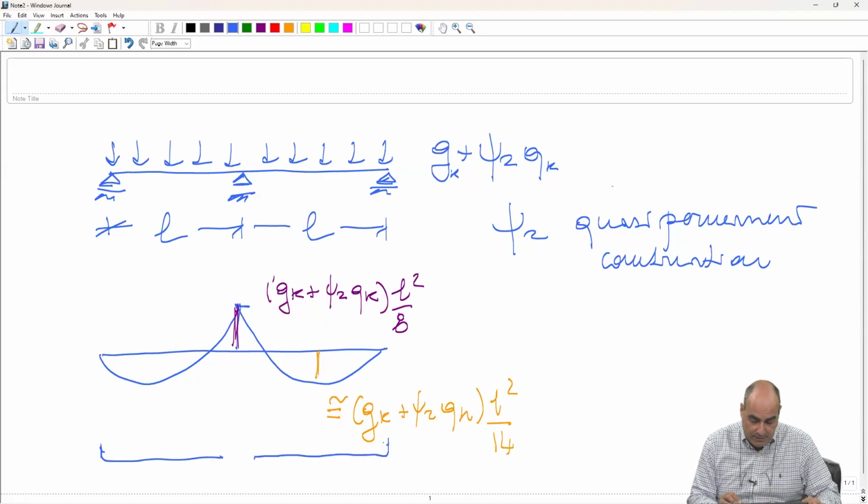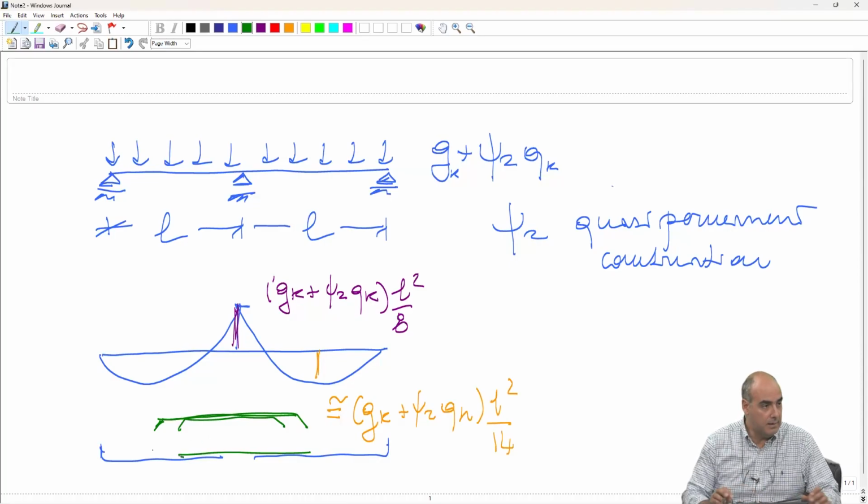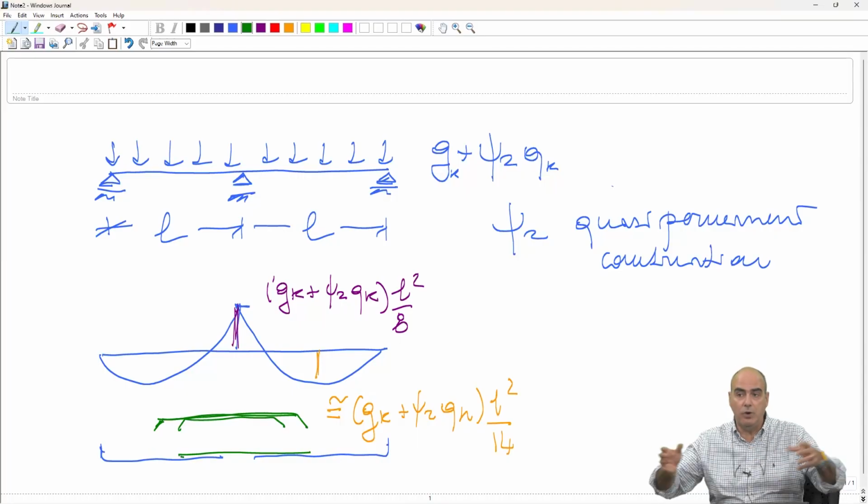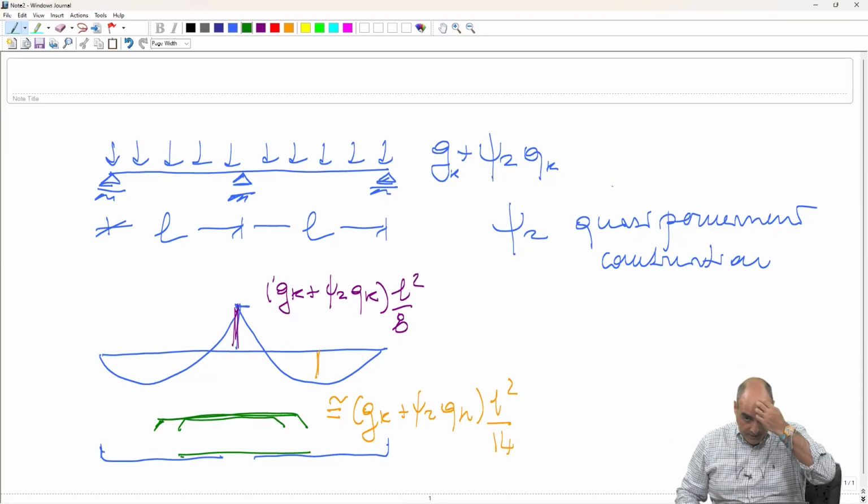We expect some other kind of reinforcement here at the bottom. But then here, in this part here, we can expect some reinforcement at the top, put like this, could be one or more. Okay, but then you can also have some kind of reinforcement here, tying up, or you can have even continuous, depends on the layout. But it's just to say that in the continuity support, you have negative bending moment. Okay.